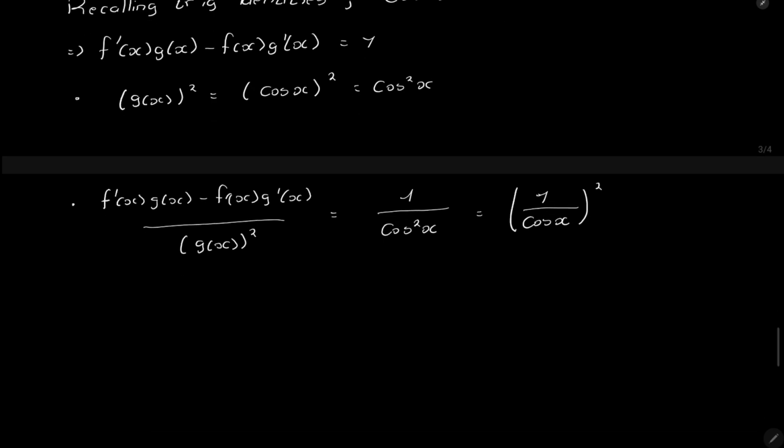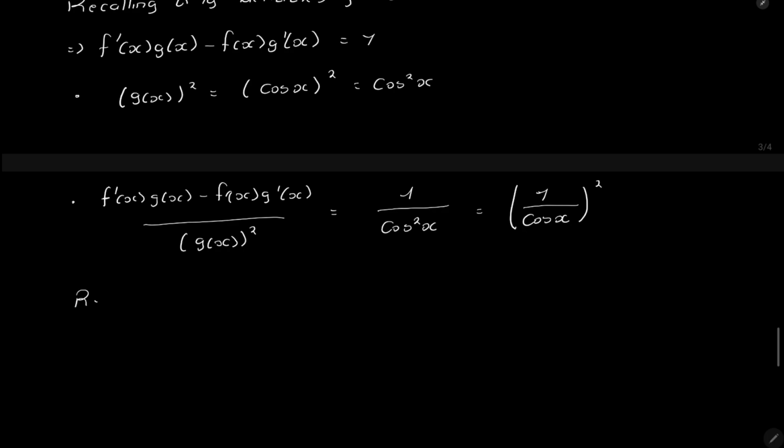Still recalling trig identities, 1 on cos x is the same thing as the function sec x.